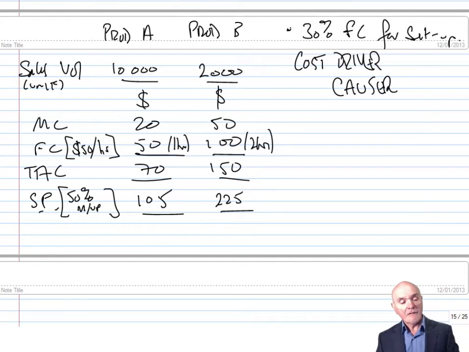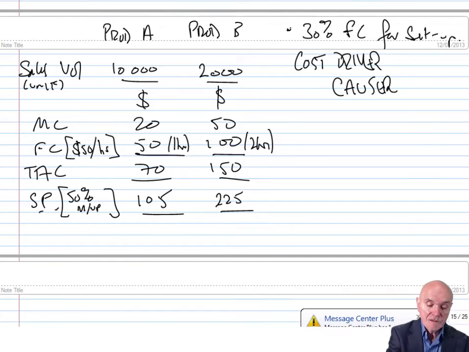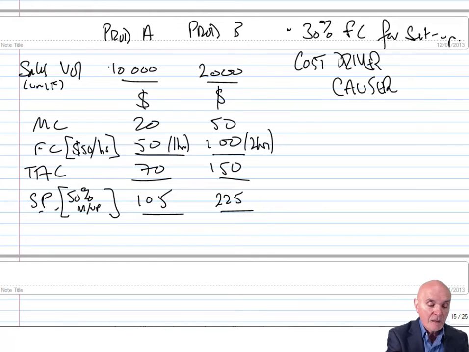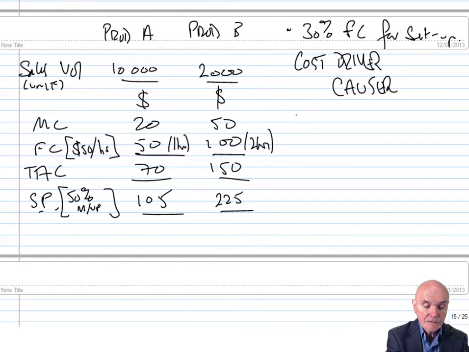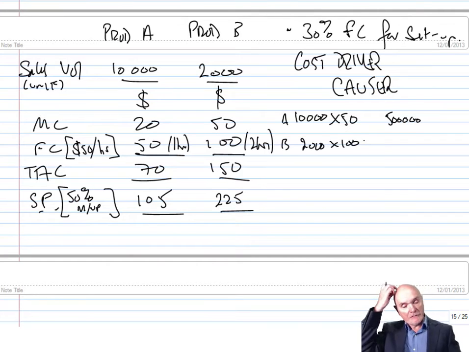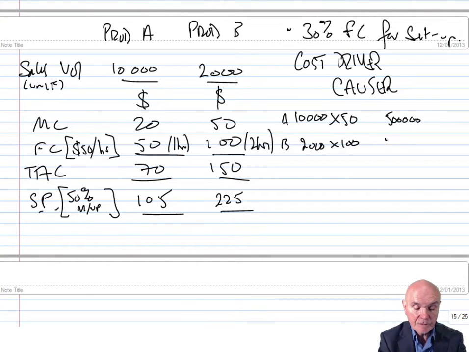So what are the total budgeted fixed costs? We're going to be making, we think, 10,000 of product A, and it's got 50 each. That'll be 500,000. And for product B, we're budgeting 2,000. It's got 100. So we're going to have in there presumably 200,000. $700,000.